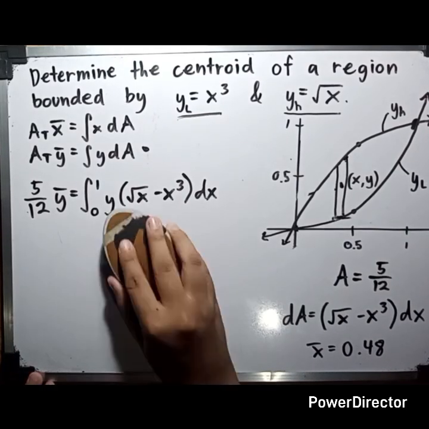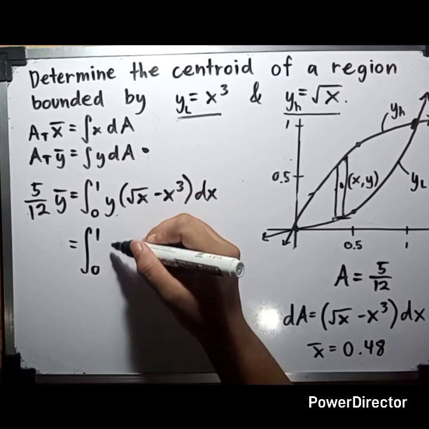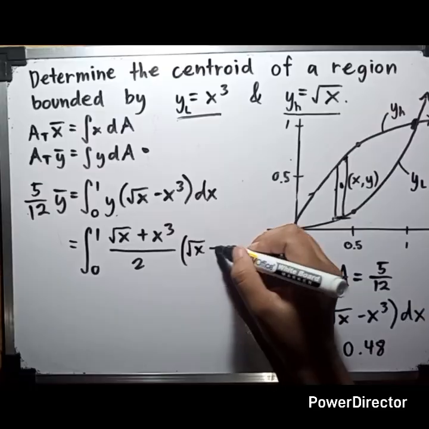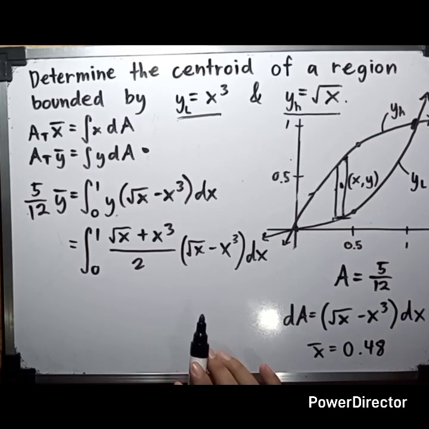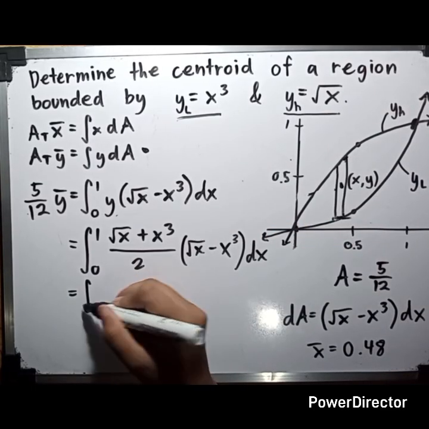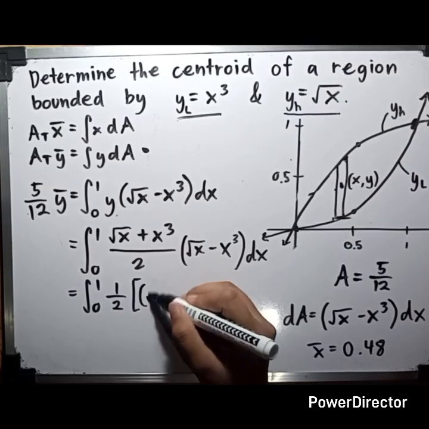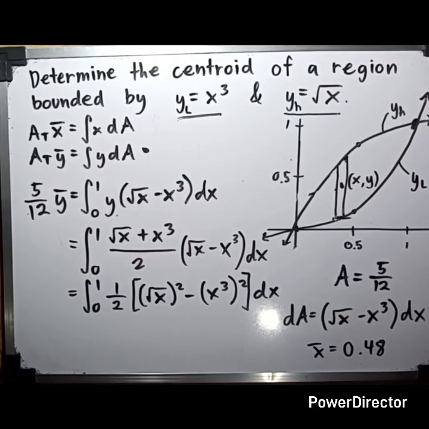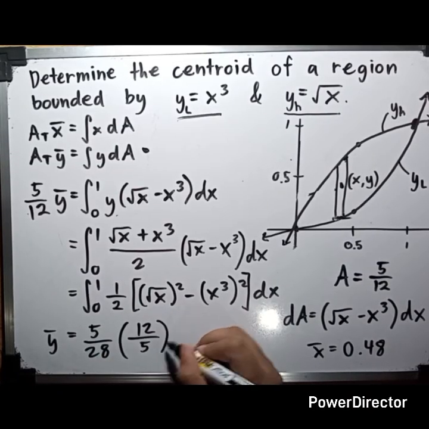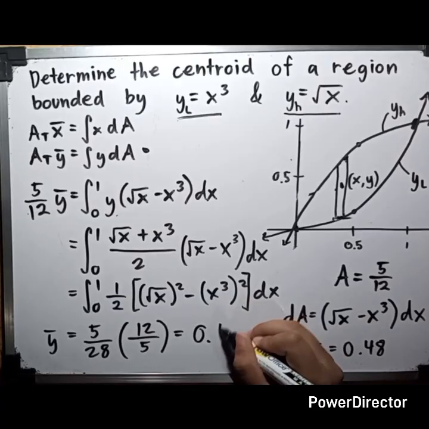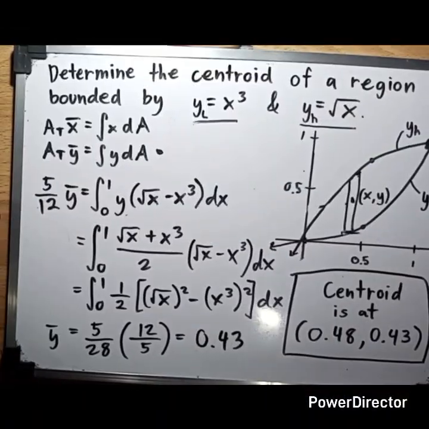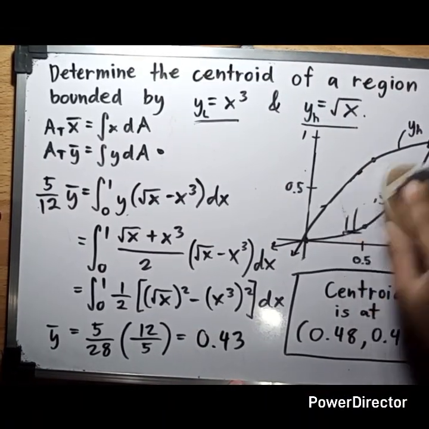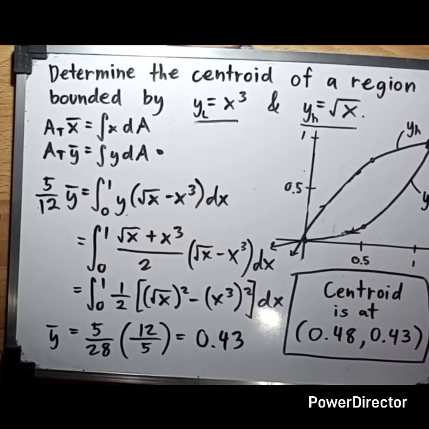Input the y and solve for y bar. The value of y bar is 0.43 units. Then the centroid of the bounded area is located at the point 0.48 and 0.43.